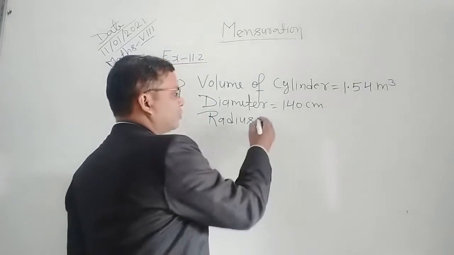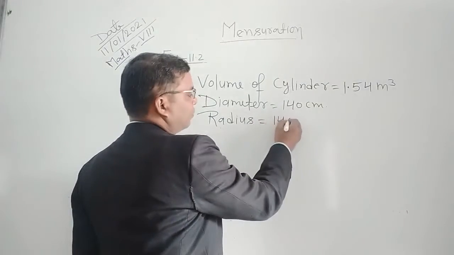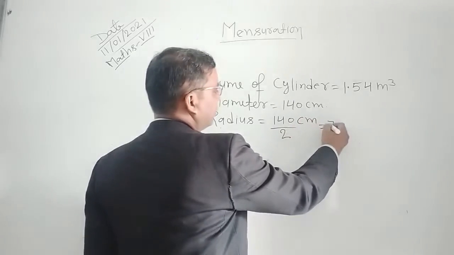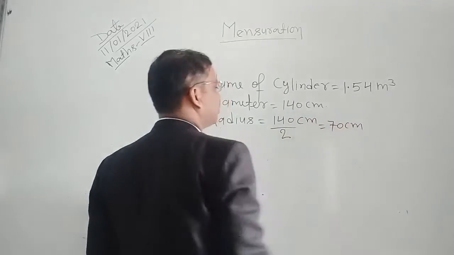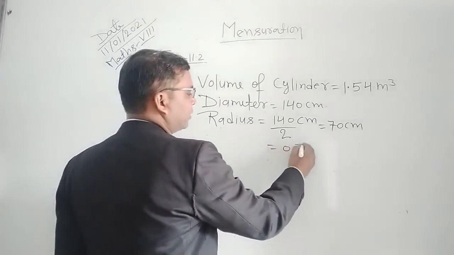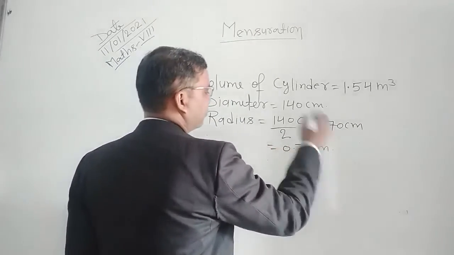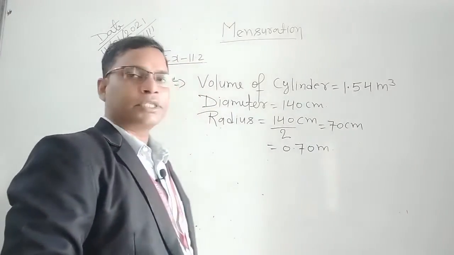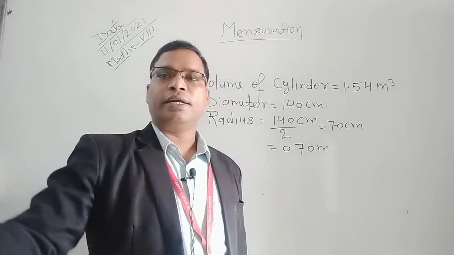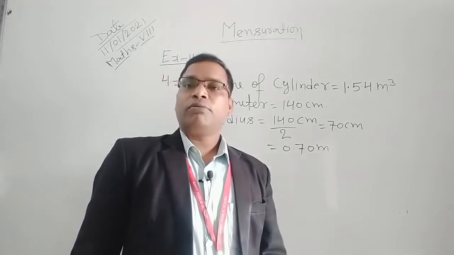Radius is equal to diameter by 2 centimeter. This is equal to 70 centimeters. If you change to meter, then you get radius is equal to 0.70 meter. This is clear.